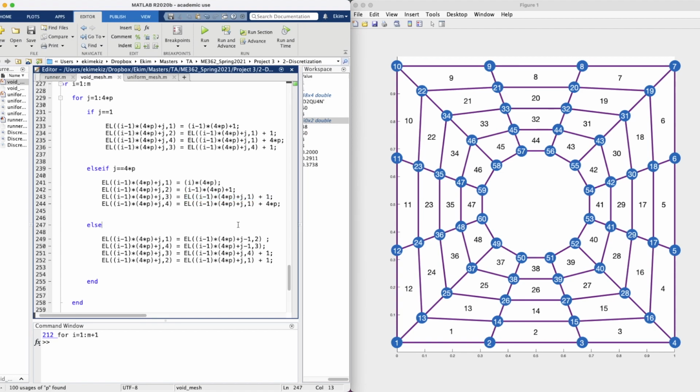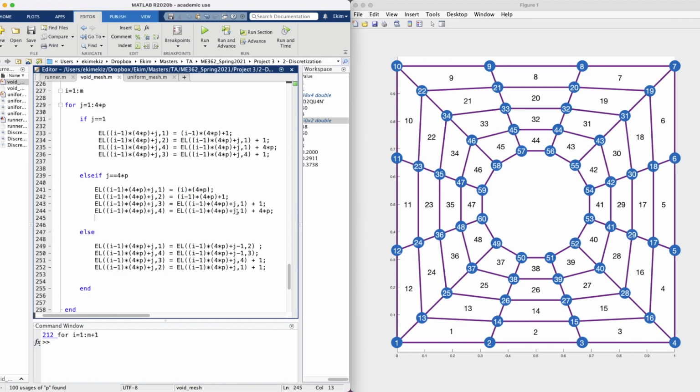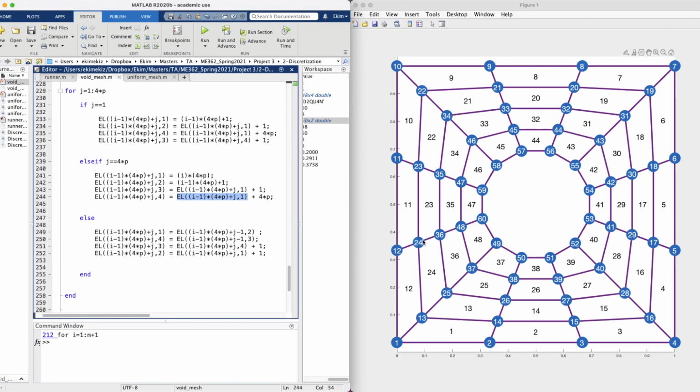And then lastly, for the fourth node, we again take a look at the first node. So this is our fourth node, right? And there is just a row of difference between them. And we know that there are 4p nodes in every row, such that this I and I minus 1 logic works. So we add 4p to the first node of the element, such that from 12 we get 24.